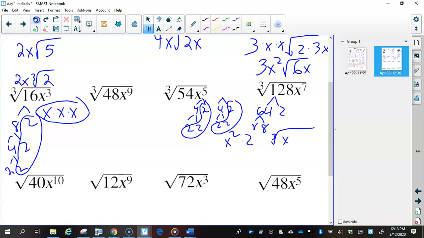So x squared. The two groups of 3 would be 2, 4, 8. 4x to the second outside times the cube root of 2x.